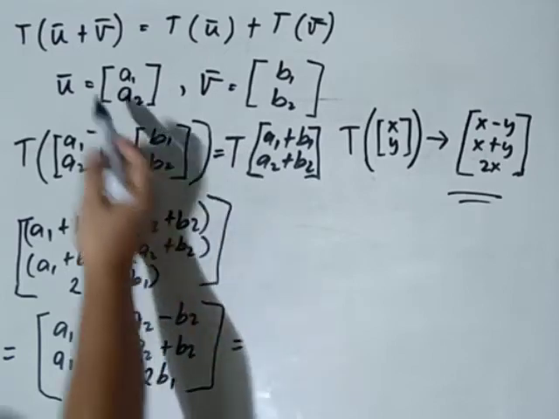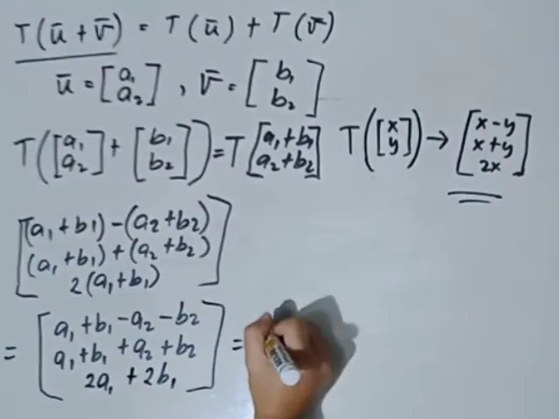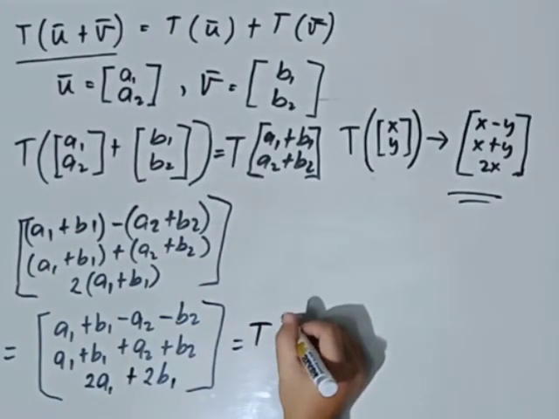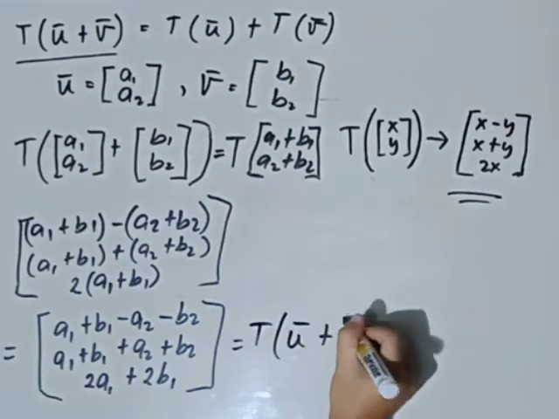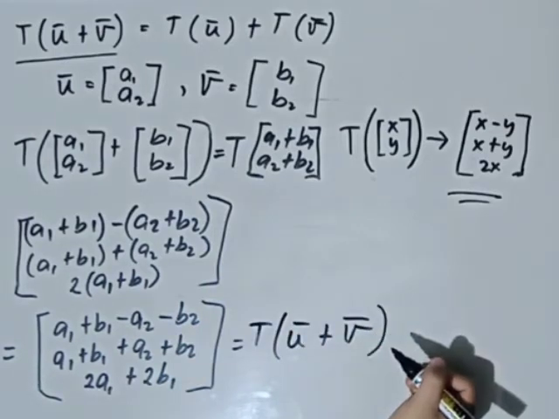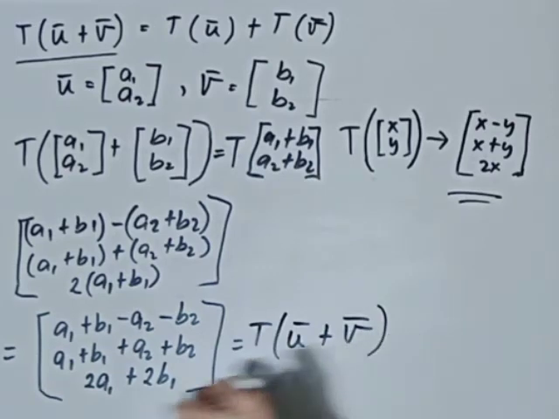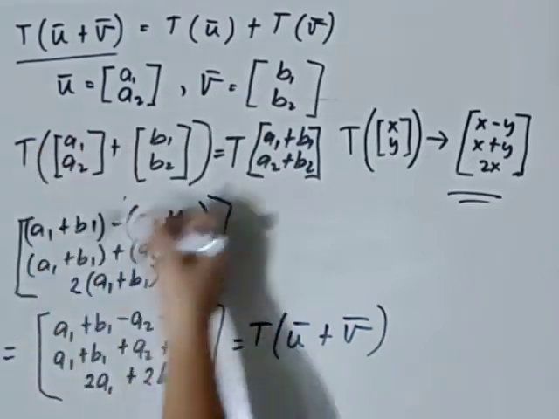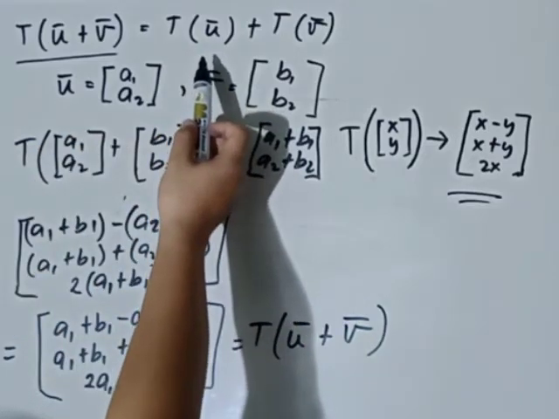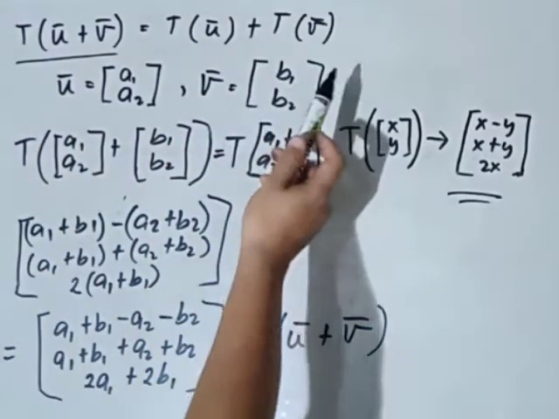And this is our T, or the transformation of vector u plus vector v. So we're going to prove if this is the same as the transformation of vector u plus the transformation of vector v.